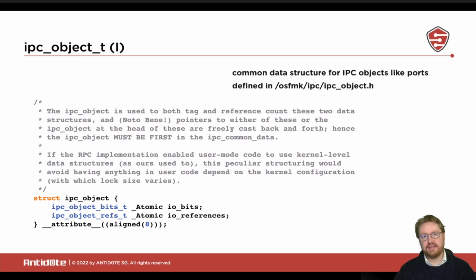So let's drill down into the smaller objects. The ipc_object_t structure that was at the beginning, what is that? It's basically a reference counter and a bits description that controls a little bit more about what we want to see inside the specific port.